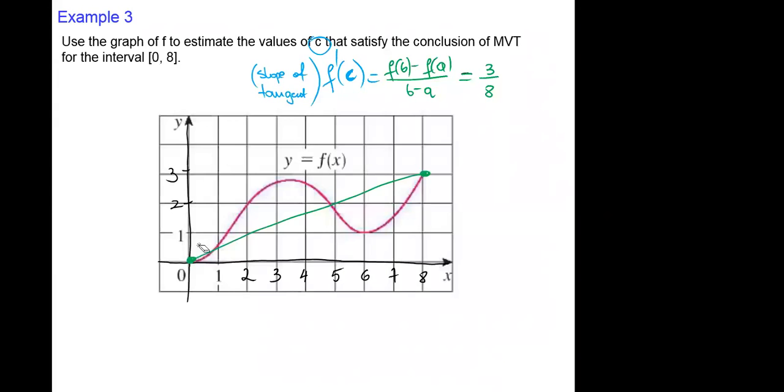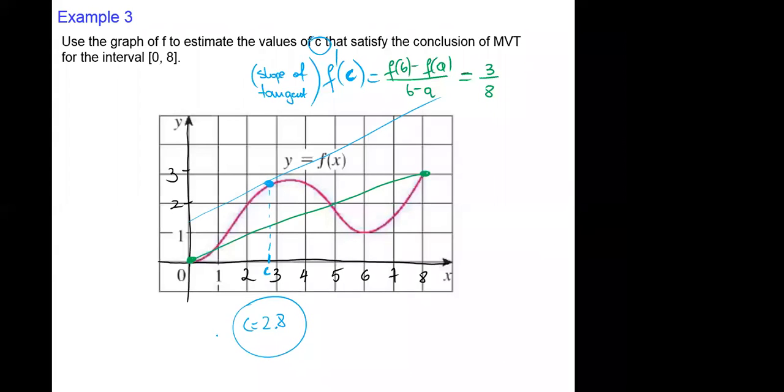Do you think you can tell me the x value? Where shall I draw? I'm guessing maybe a little bit lower. Let's pretend that tangent should be a little bit lower, somewhere here. Do you think this could be the C value, like 2.8?